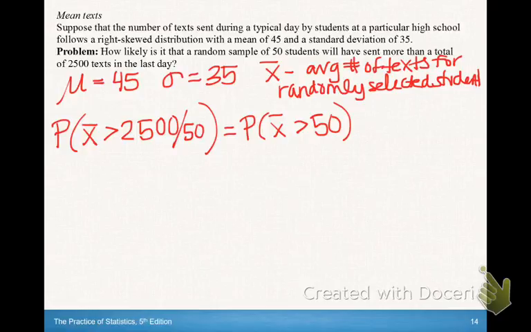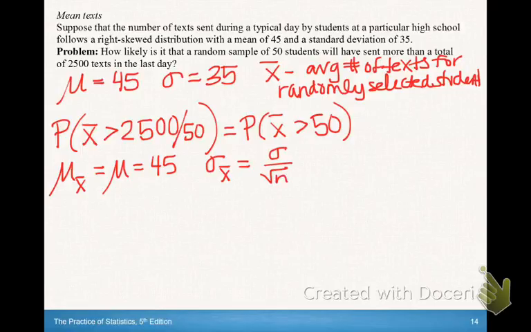Since we're talking about a sample mean, mu of the sampling distribution is going to equal mu, so that's going to equal 45. The standard deviation of the sampling distribution is going to equal the standard deviation of the population divided by the square root of n, and we get 35 divided by the square root of 50, which I got 4.95.